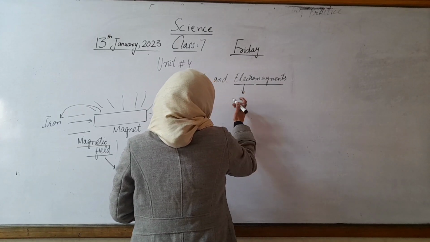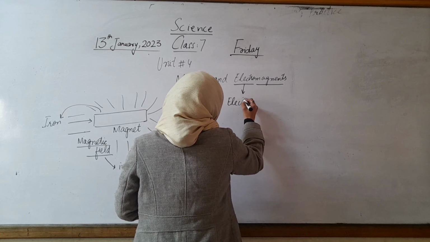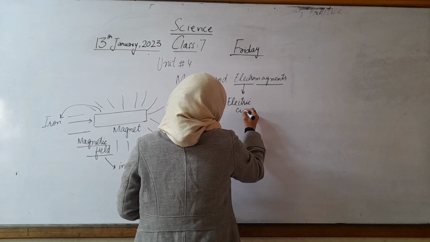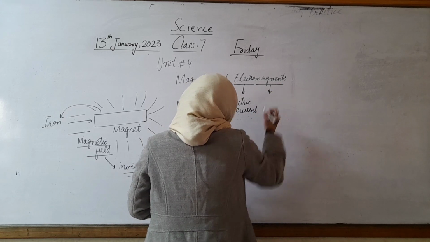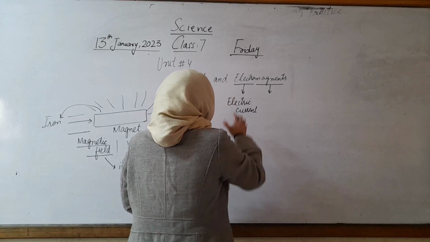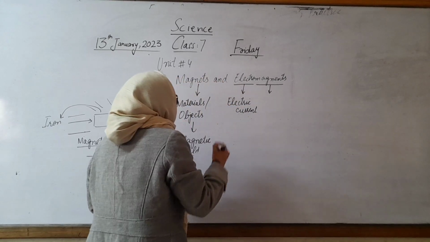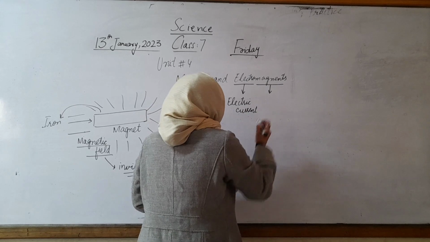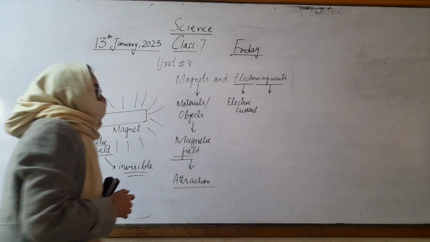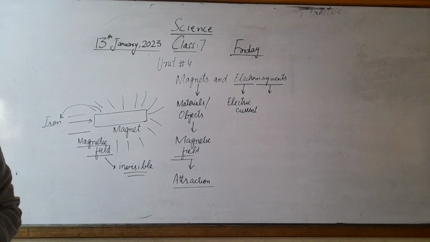Electro from the electric current, and the word magnet is given to this term only because of electric current. When the charges flow, they create a force of attraction, and the force of attraction can be observed just like a magnet.